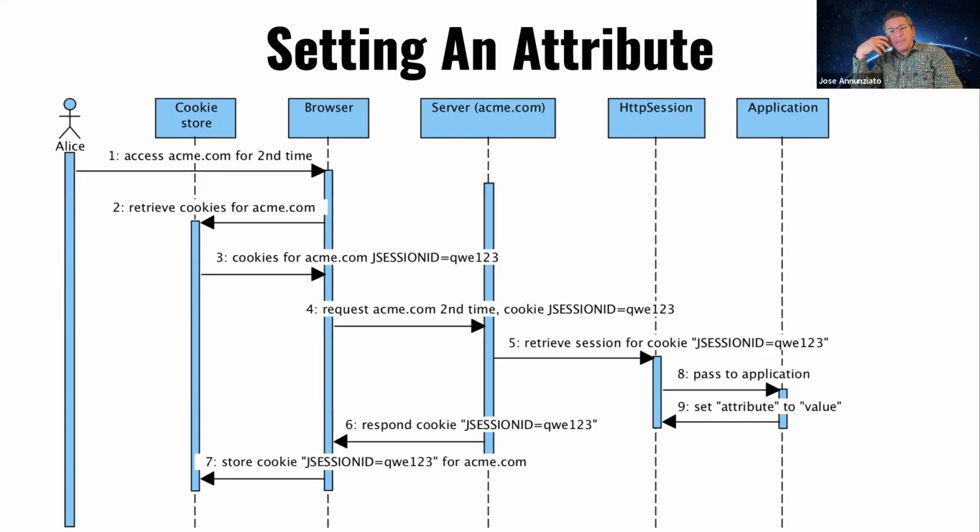Now, if it's Bob coming, that HTTP session is a different instance, a completely different instance, one specifically for Bob, based on his unique cookie. So when I get the session and I modify the cart, it's Bob's cart, not Alice's. In that way, we can deal with various data structures based on the cookie.